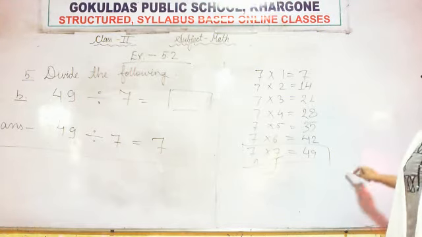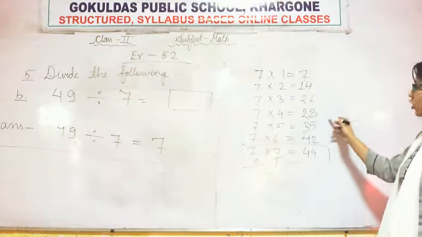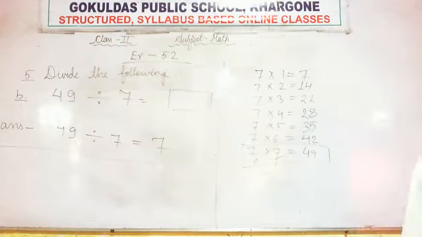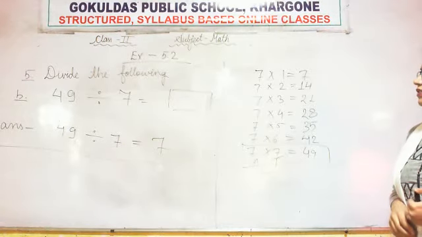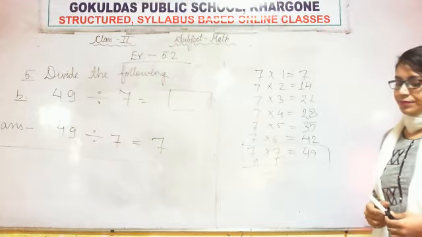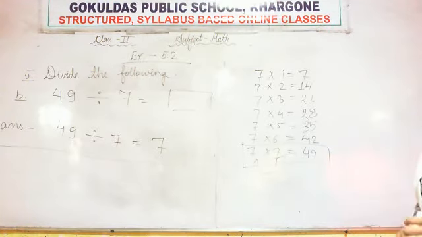And the writing of table is our rough work. We will not show this in our fair work. 49 divided by 7 is 7. Note this down quickly.